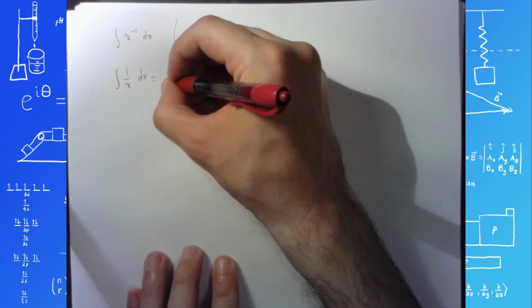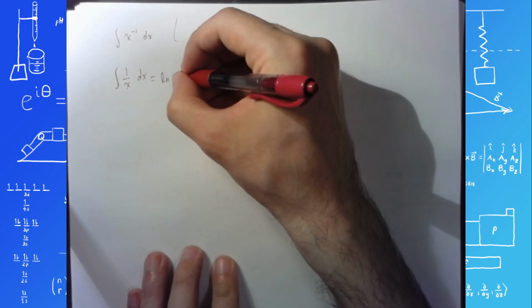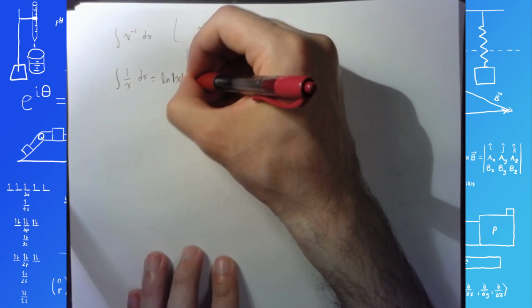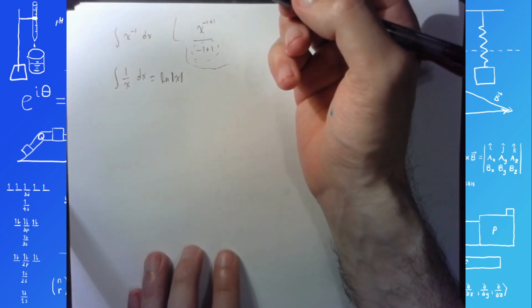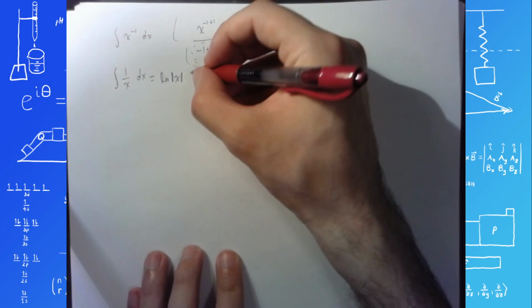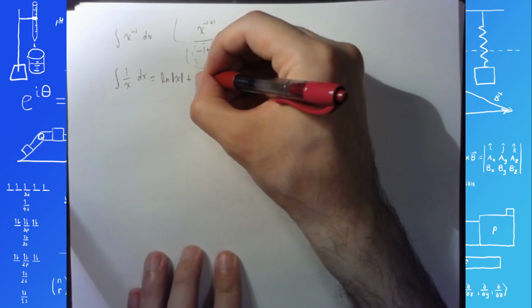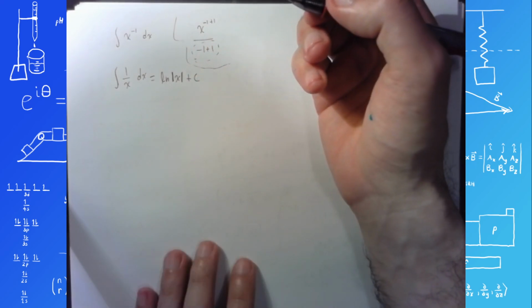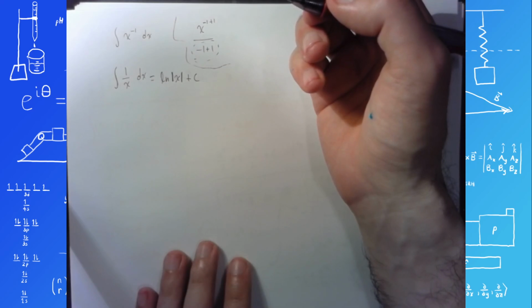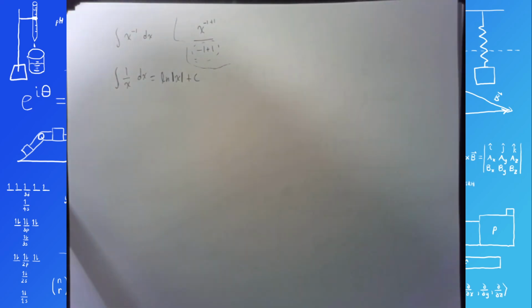So this is just going to be natural log of x, usually written as natural log of absolute value of x, because you can't take the natural log of a negative, plus c. So if you have 1 over something, it integrates to a natural log.